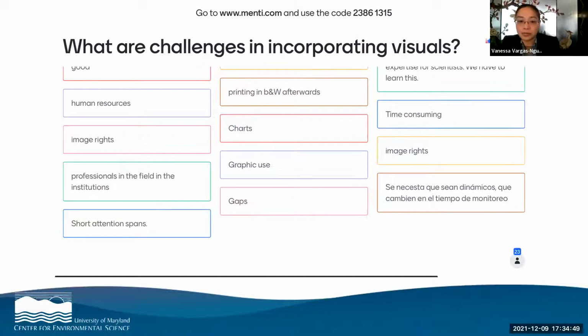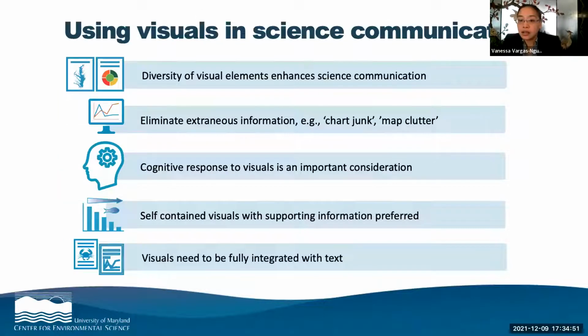Thank you all. And again, just to quickly summarize the use of visuals in science communication. Diversity of visual elements enhances science communication. Eliminating extraneous information or chart junk or map clutter is important. Cognitive response to visual is an important consideration.